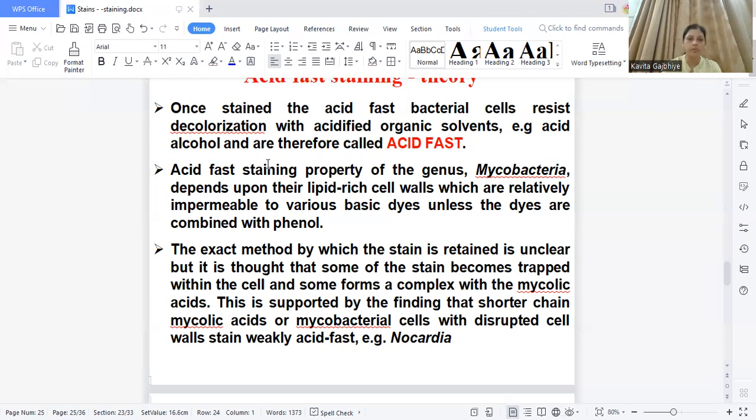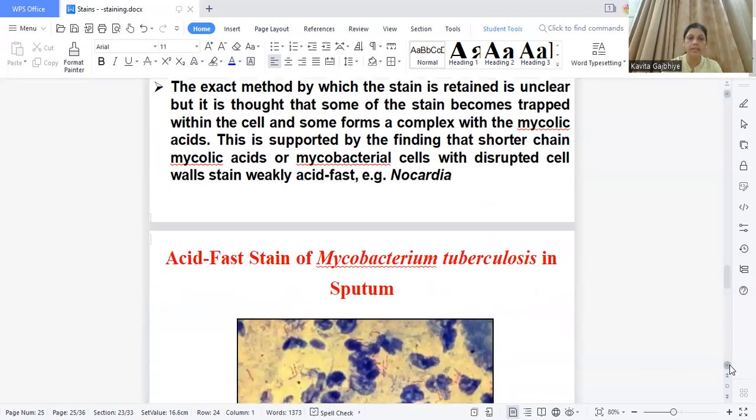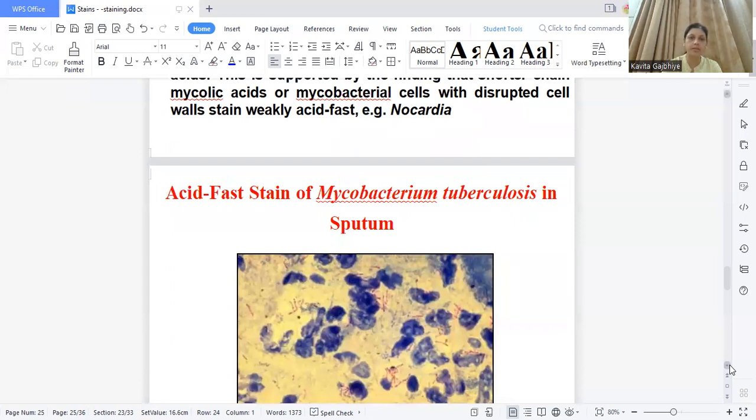This is supported by the finding that shortened-chain mycolic acid, or mycobacterial cells with a disrupted cell wall, stain weakly acid fast. Nocardia is also an acid-fast bacterial species.